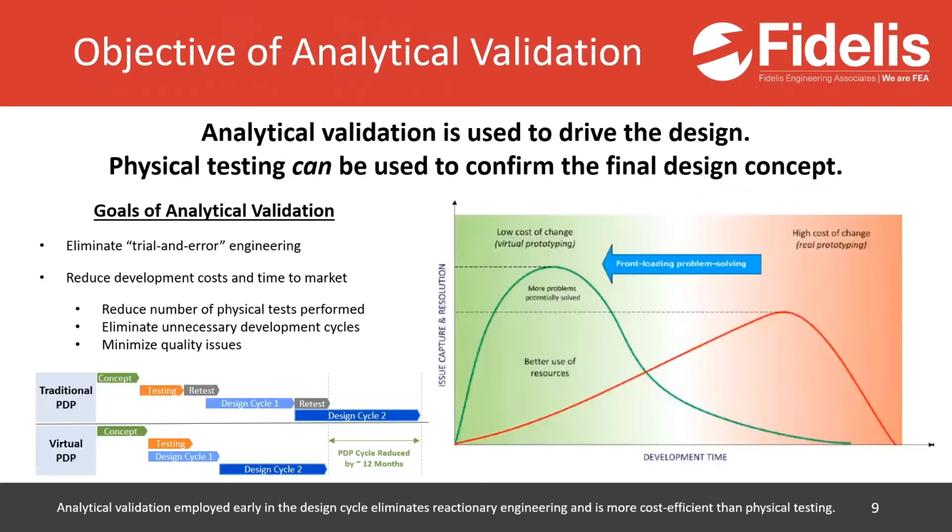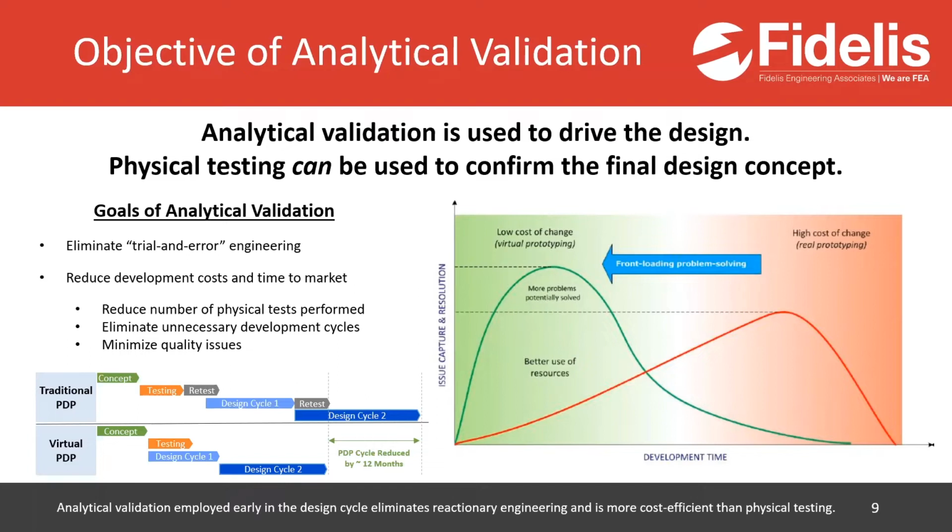Why do we want to do that? Well, simply put, it's cheaper and it's faster. So we can front load the problem solving part of the design process to the start rather than having it at the end when we've spent a lot of money prototyping and designing and basically designing off best practices.